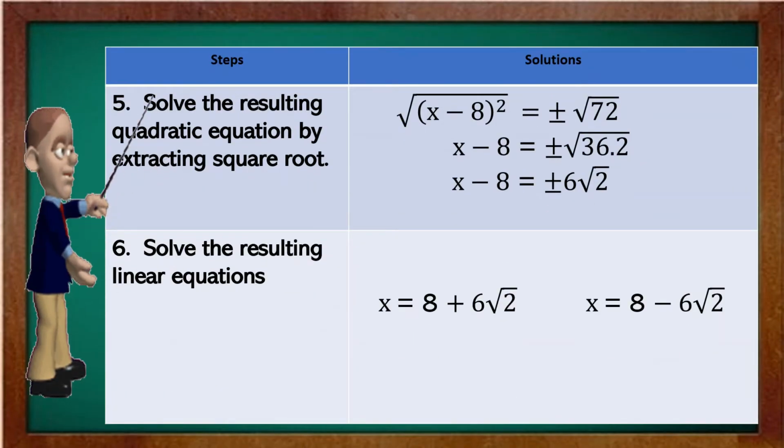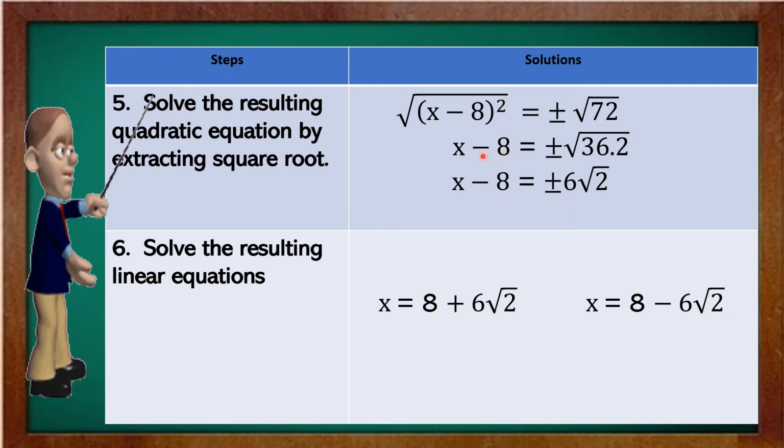Okay, step number 5. Solve the resulting quadratic equation by extracting the square root. So we will write the square root sign on both sides. It will become the square root of the quantity x minus 8 squared is equal to positive or negative square root of 72. So it becomes x minus 8, because we eliminate the squared and the square root sign.